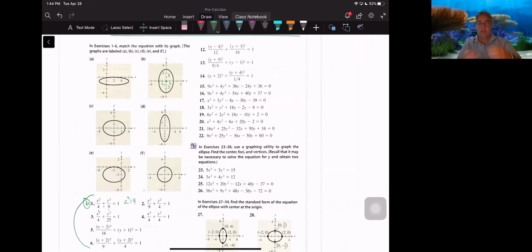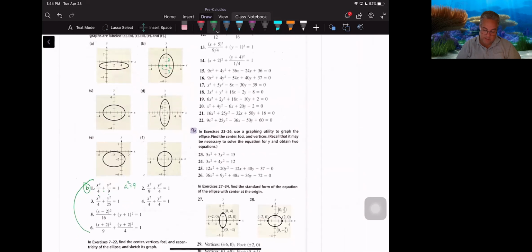Identify how it stretches, and then look how it's done. Look at number 6. What's the center of 6? -2, -2. Well, which one has a center of -2, -2? Really just E. So do the rest, understand how that works.